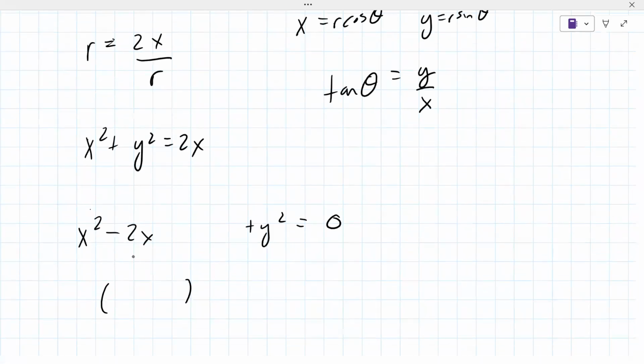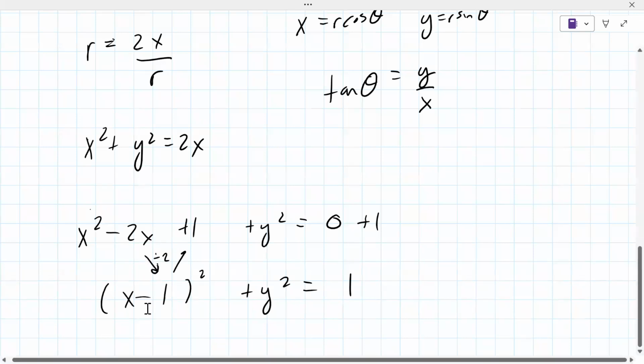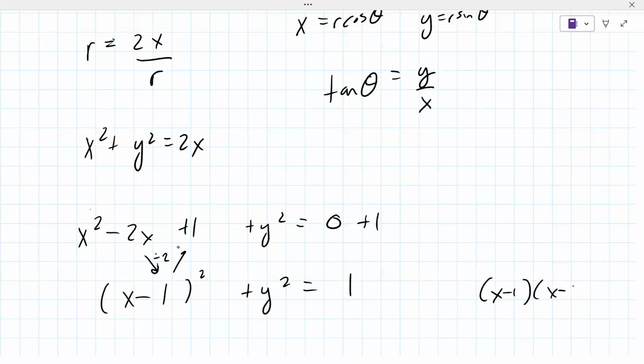Yeah. You just take half of the middle number, divide it by 2, and then square it. But you end up getting minus 1 plus minus 1 is minus 2. Yeah, but if you were to expand this, you will get x squared minus 2x plus 1. Oh, FOIL that, okay. x minus 1 times x minus 1.